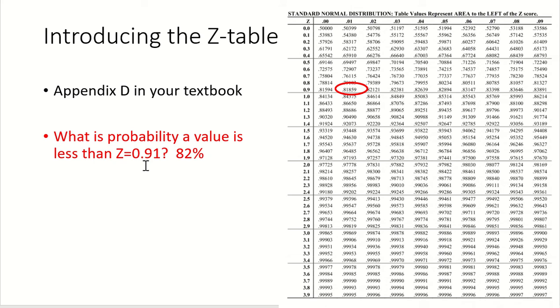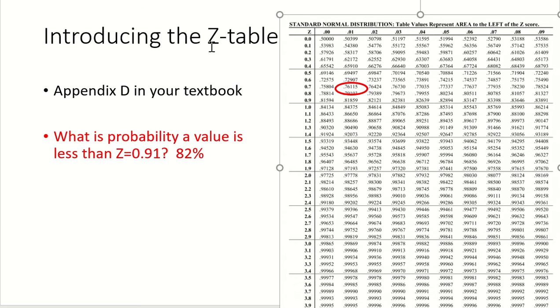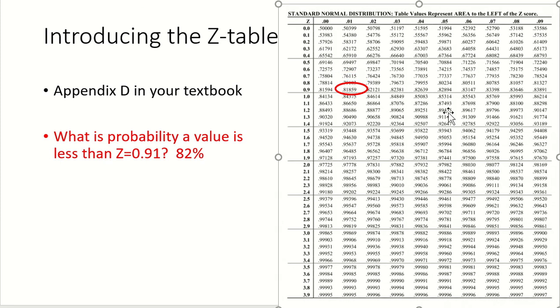You'd go to your textbook, look back in Appendix D, and a Z of 0.91 gives a percentage of 0.81859, which is approximately 82%.